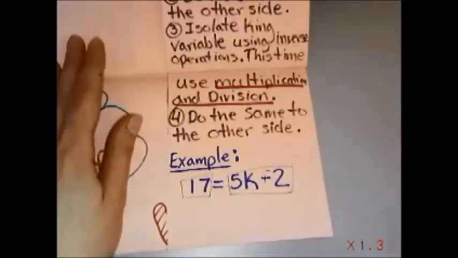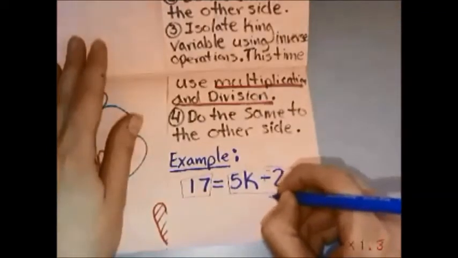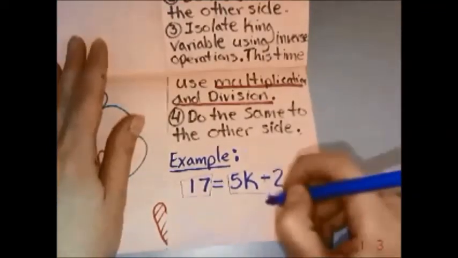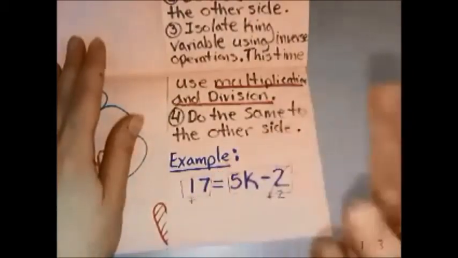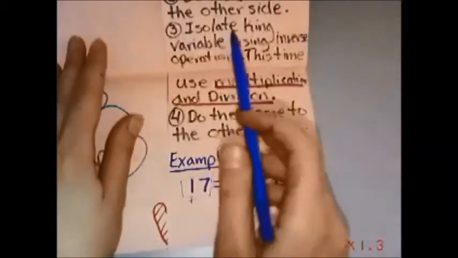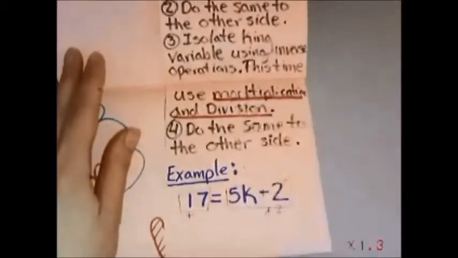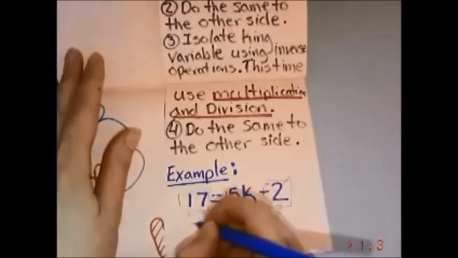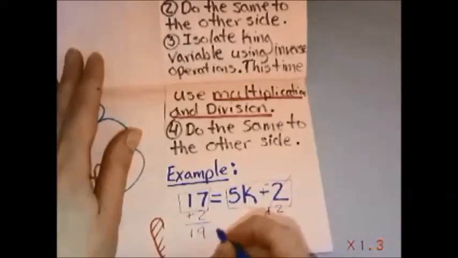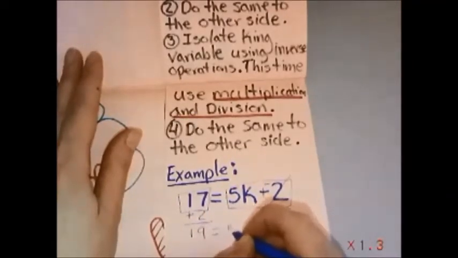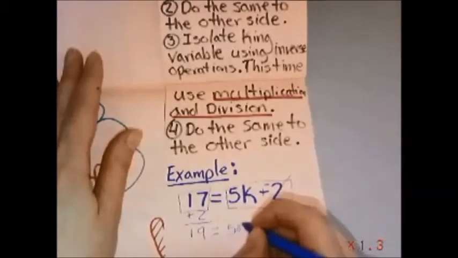How do I cancel out a negative 2? By adding 2. So I'm going to add 2 to the right side, and that's going to cancel out. And now I'm going to do rule number 2, which is do the same to the other side. And I'm going to add 2 to the other side. Now I have 19 on my left, and I still have 5k on my right.